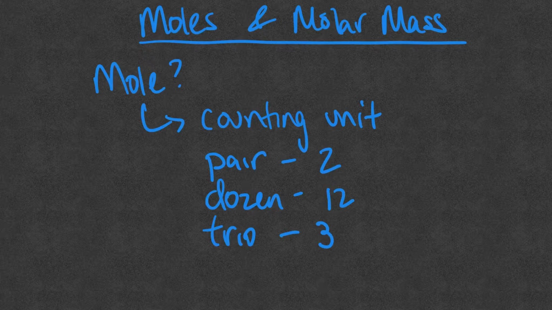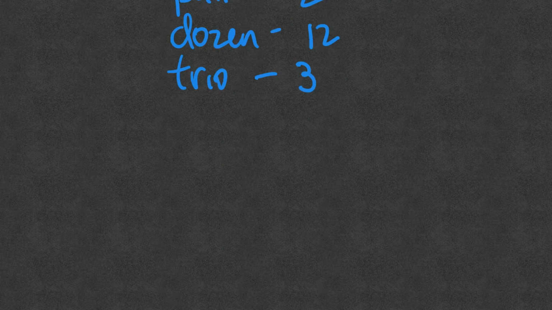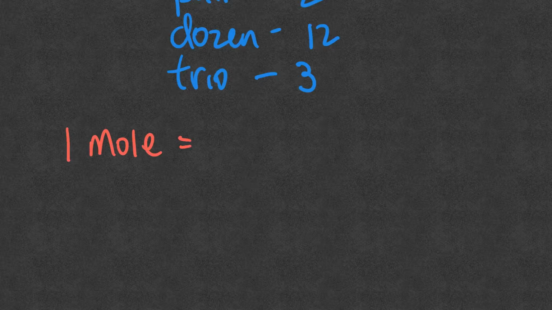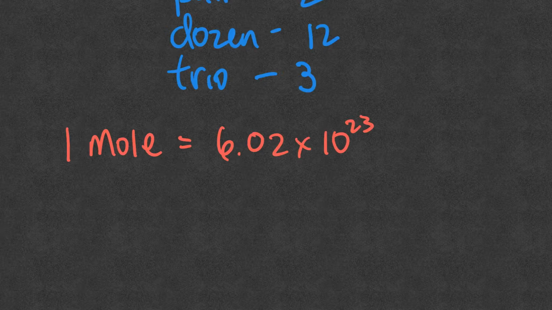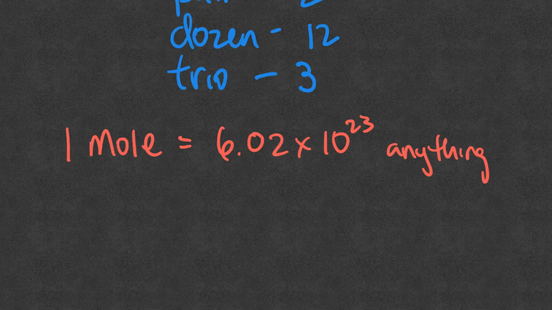Now when we're talking about a mole, it's the same thing. It's a term that means a very, very specific number, and that number is 6.02 times 10 to the 23 of any substance that we're talking about.